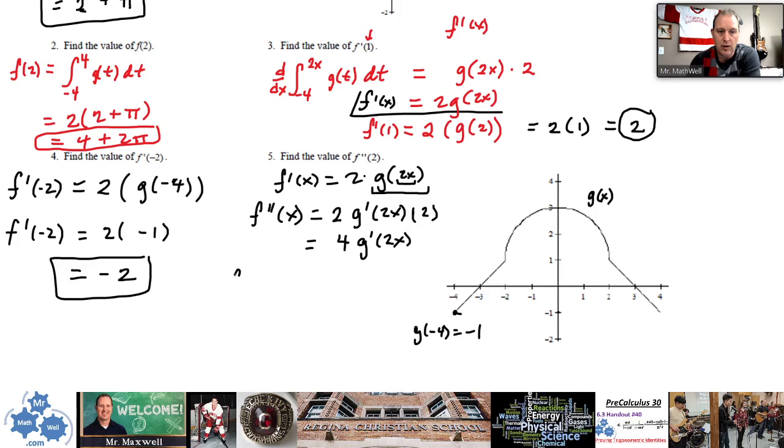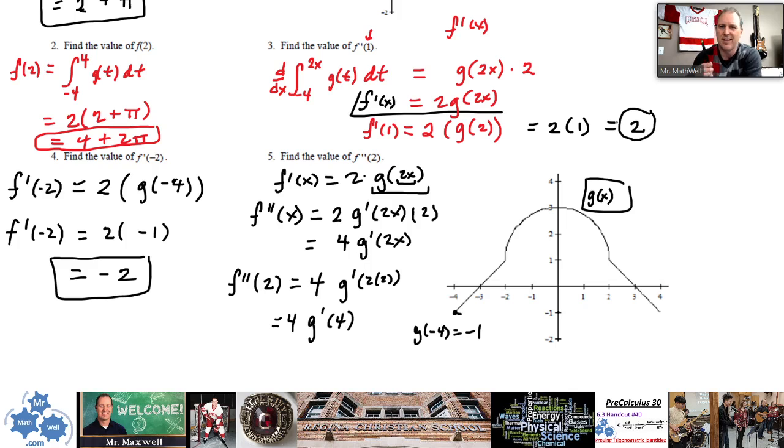Now, I hope you're with me so far. Just take the derivative of the derivative. But if I want to know this at 2, that means I have to put 2 in for x. No problem: 4 times g prime of 2 times 2. So this equals 4 times, now remember, this is g of x, this graph. What's g prime of x? That's the derivative of the graph.